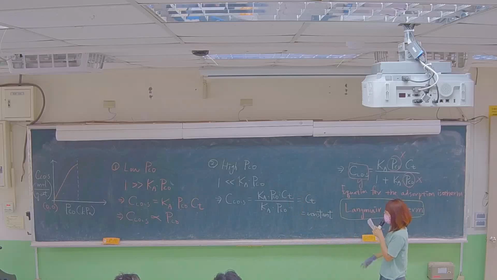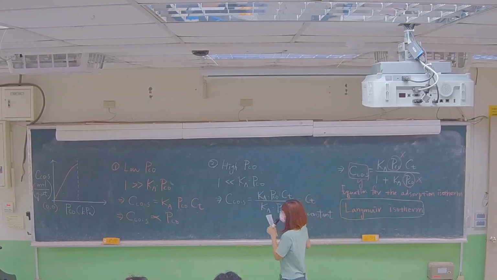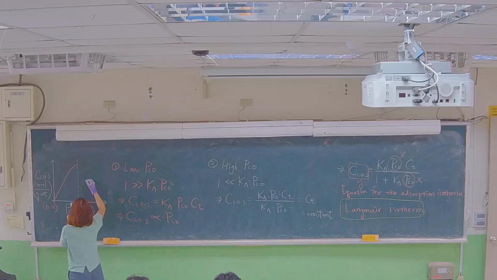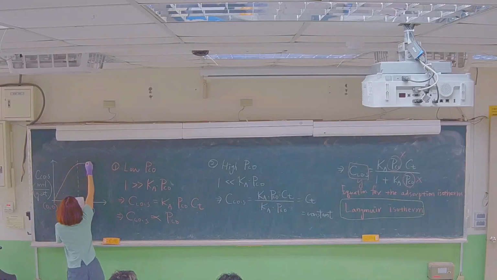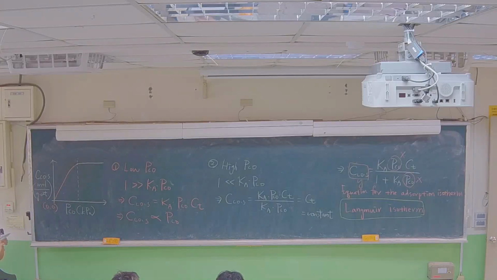It is a constant. So at the larger PCO, it is almost unchanged. Okay, so this is the Langmuir isotherm. If you see this type, you will know the behavior. So you do an experiment, you get the data, you draw this, and you will know which model is for your experiment. Any question?